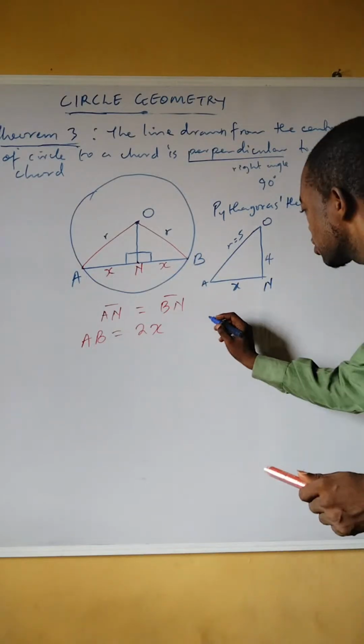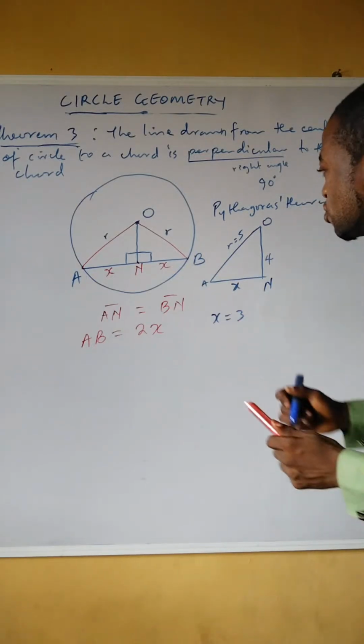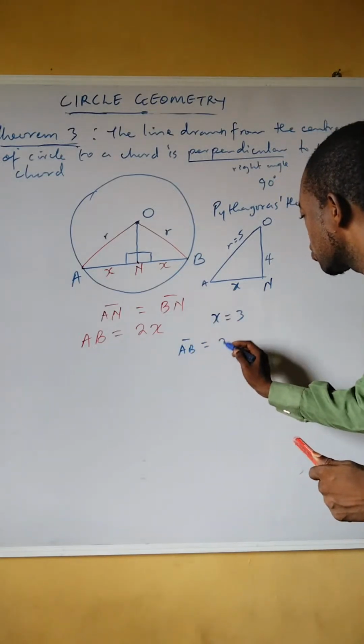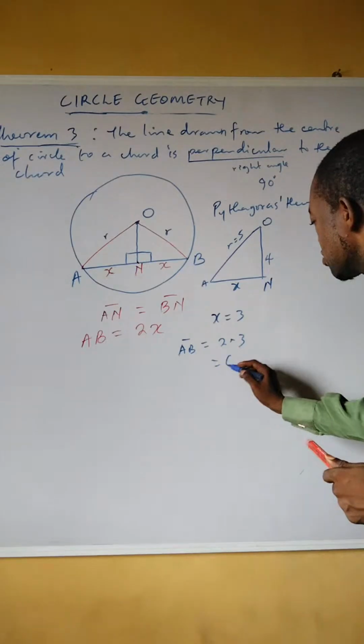And if x is equal to 3, then you know that the length of the chord AB will now be equal to 2 times 3, which is 6 centimeters.